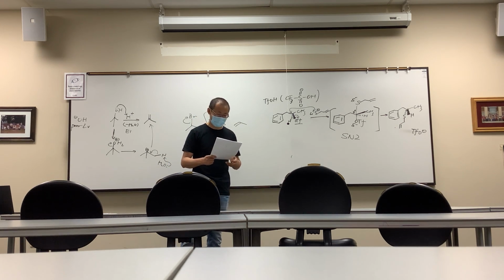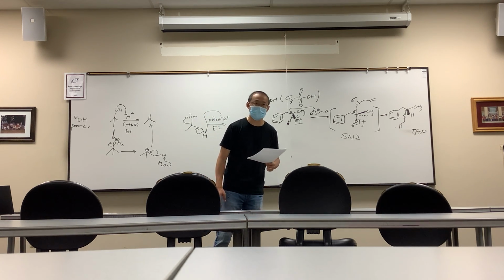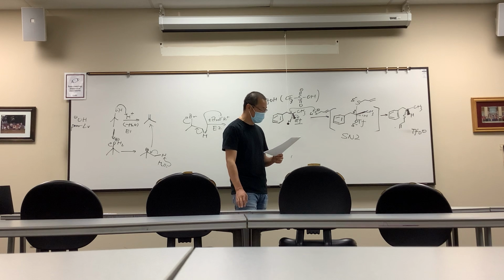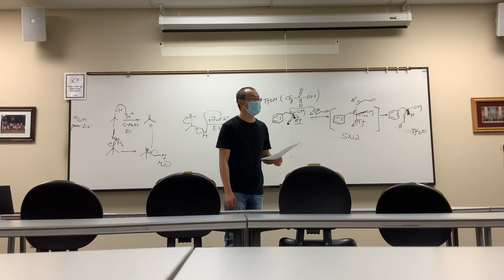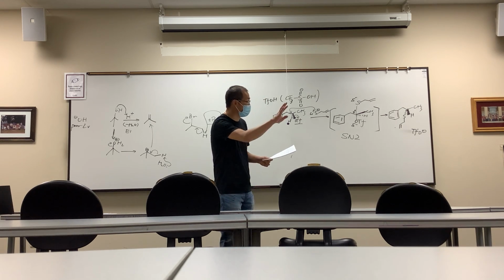Number 3. They ask you to determine, based on the substrate and the condition, the product and which mechanism each product is from. This is basically from Chapter 9, where we learned 4 reactions.